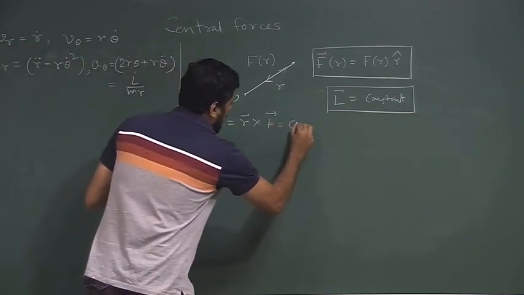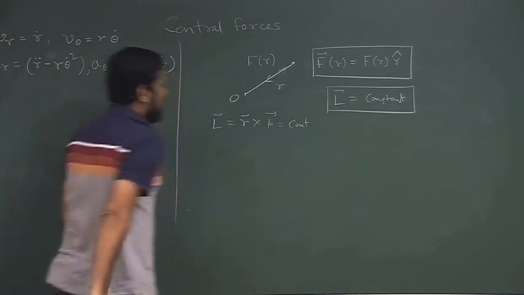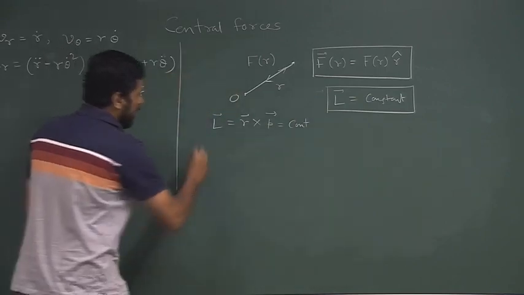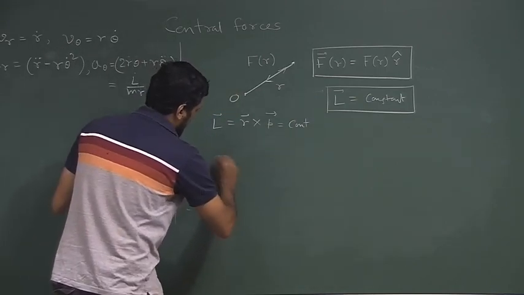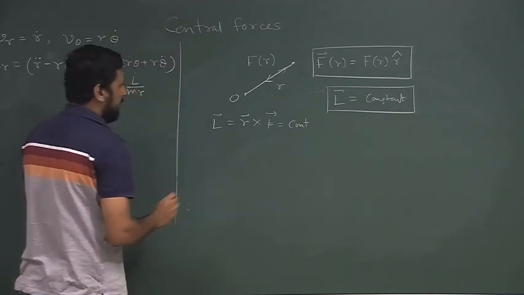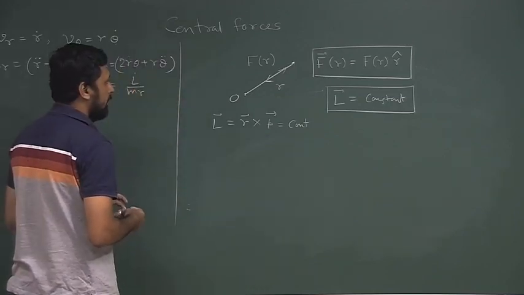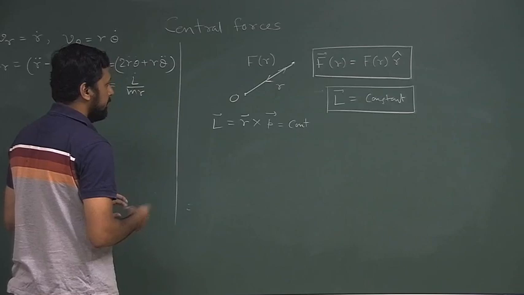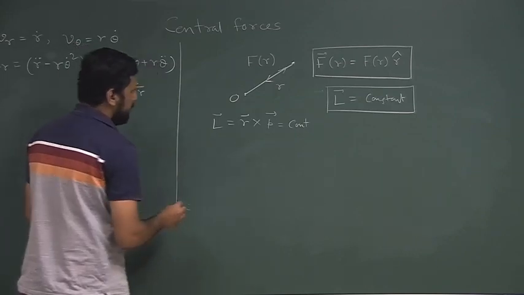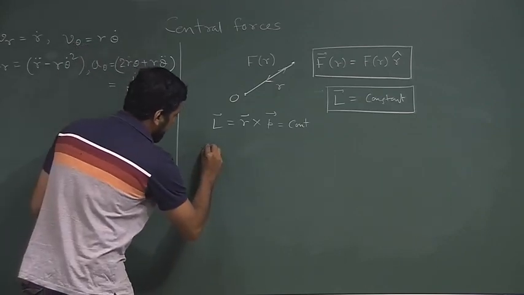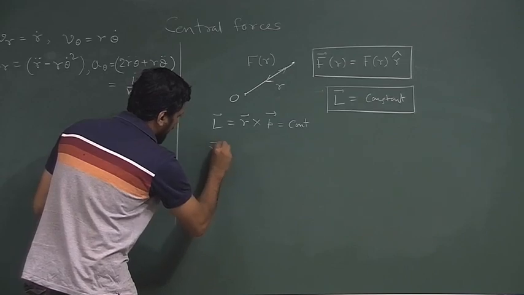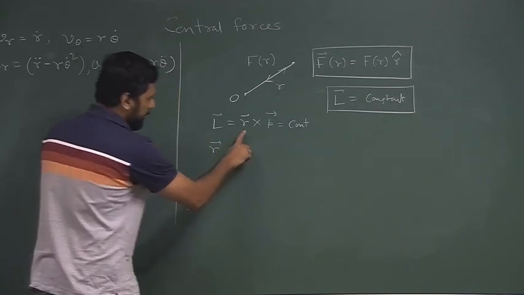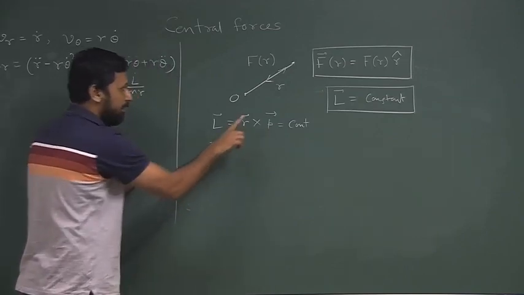So, let us say the vector r is the position vector and p is the momentum at any given point.